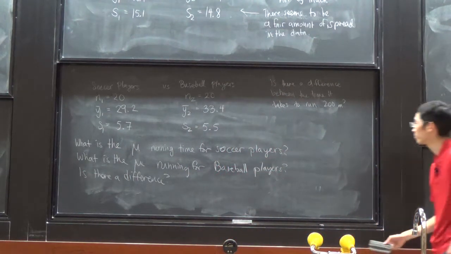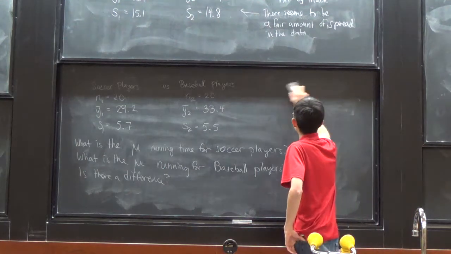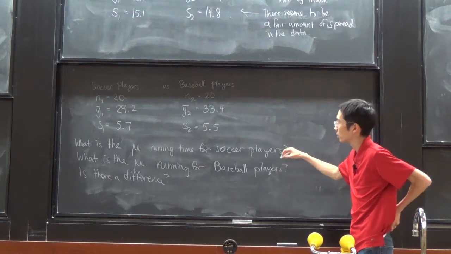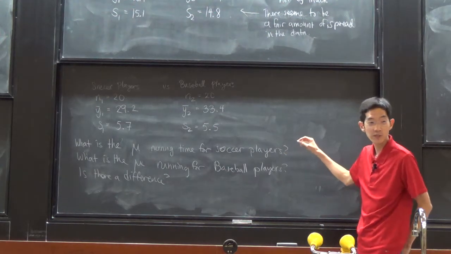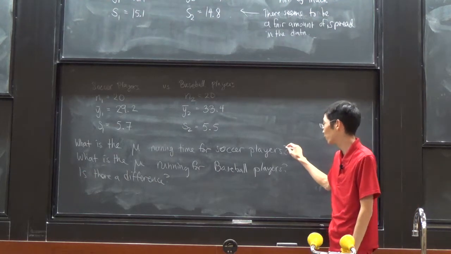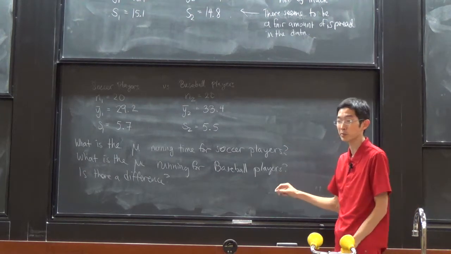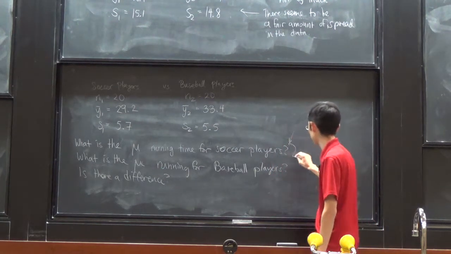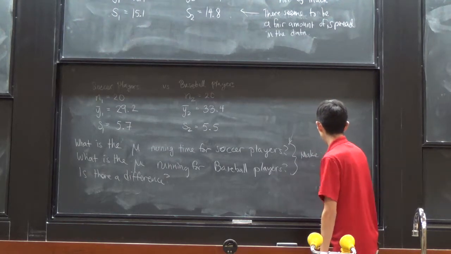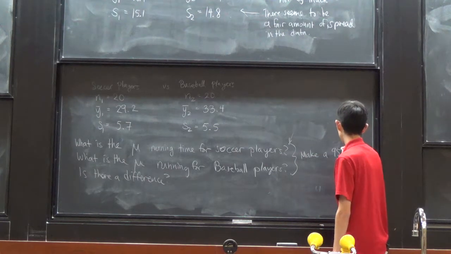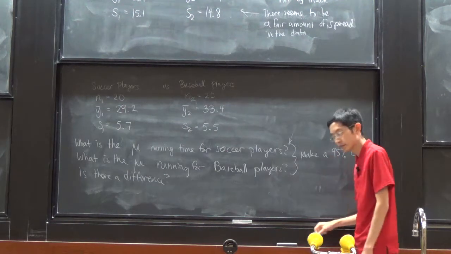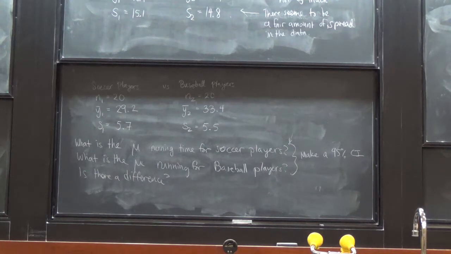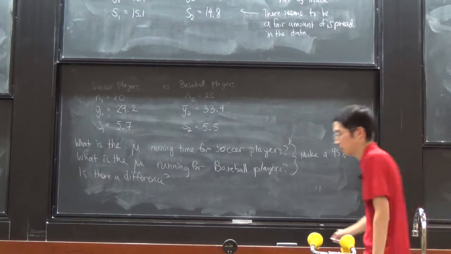Okay. So for the first two questions, I'm going to ask you to make a 95% confidence interval for mu for the soccer players and mu for the baseball players. So for both of these, make a 95% confidence interval. Go ahead and take a minute to do that.